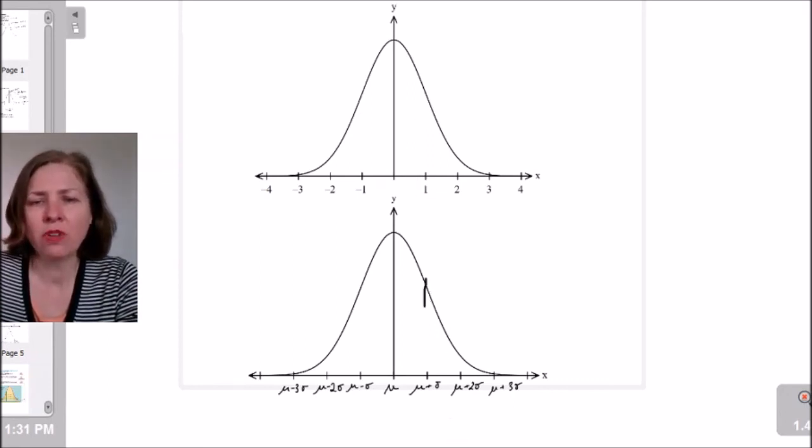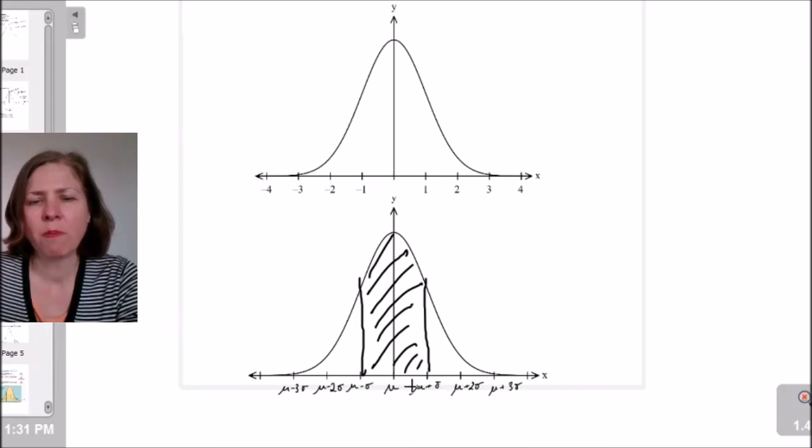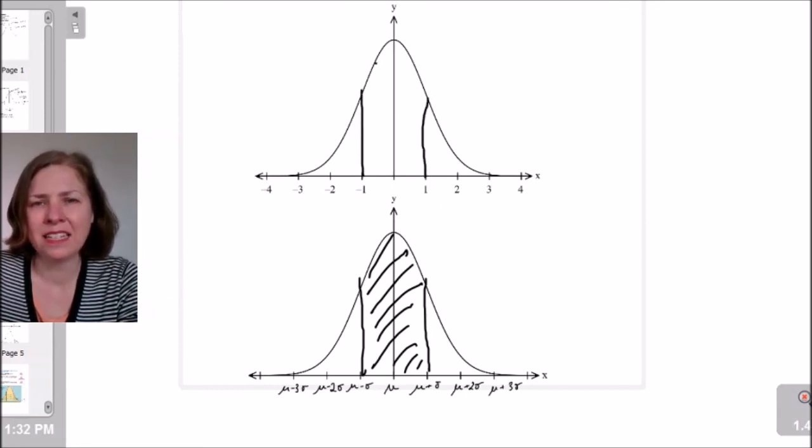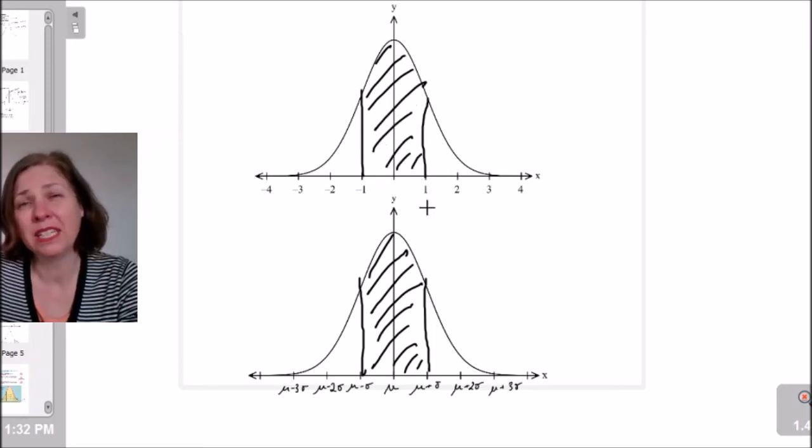So if I was looking for, let's say, the probability of falling in this region, what's the probability that my values fall between one standard deviation to the left of the mean and one standard deviation to the right of the mean? I could look up my standard table, and that value would be there, and the probability would be the same, okay? Because it's the area under the curve that gives us the probability.